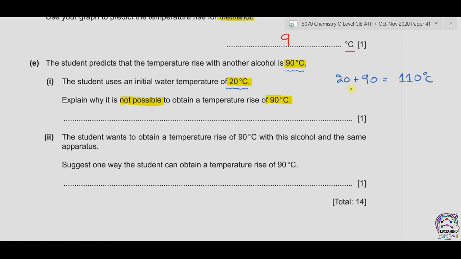Now as the solution was made up of water, the boiling point of water is 100 degrees centigrade, so therefore it is not possible to obtain a temperature of 110. So we can write that temperature goes above boiling point of water.